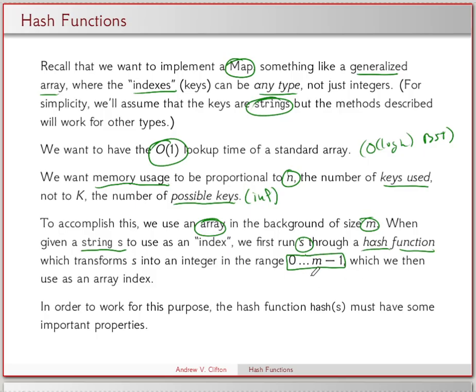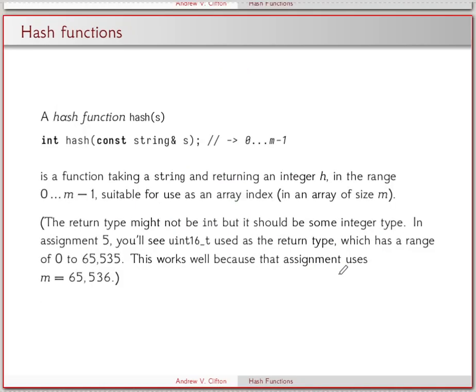That range is exactly the array indexes that we can use in an array of size m. So basically a string goes in and an array index comes out. So this hash function has the job of turning strings into integers that we can use as array indexes. In order to work for this, our function has to have some important properties.